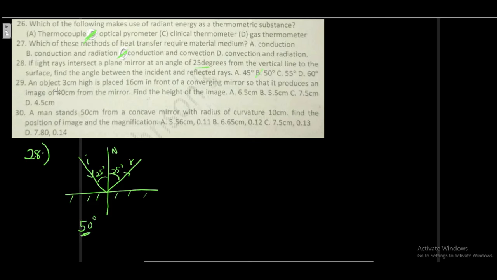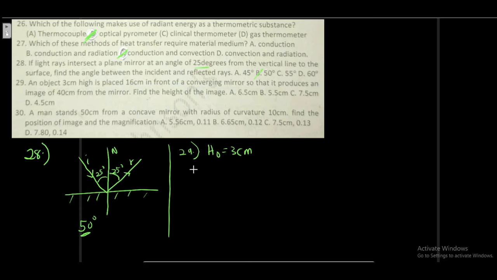Now, question 29 says an object 3 cm high. We have height of object to be 3 cm, is placed 16 cm in front of a converging mirror.